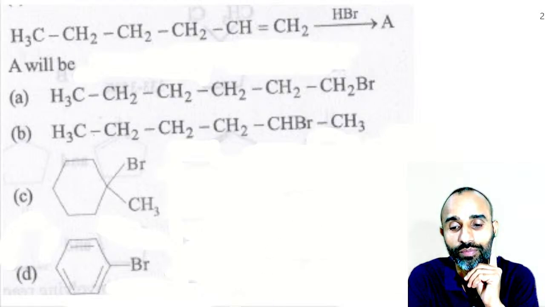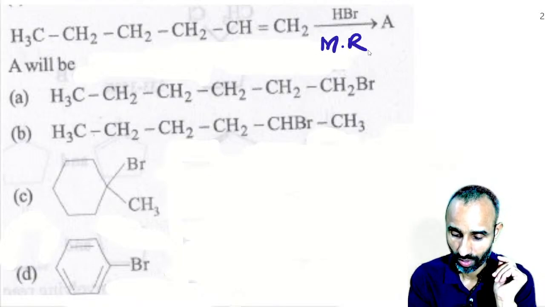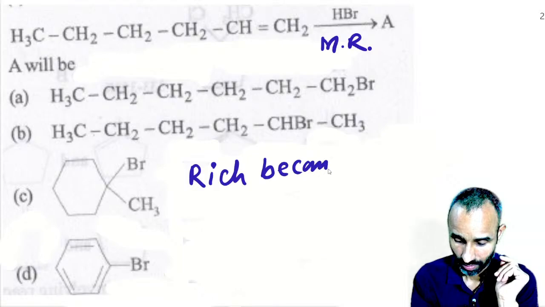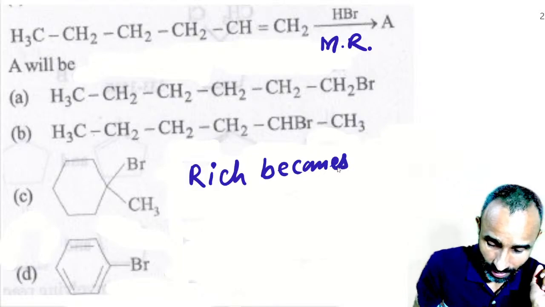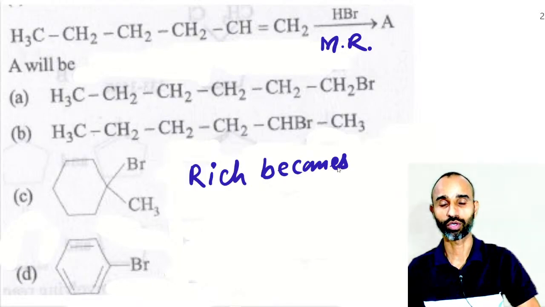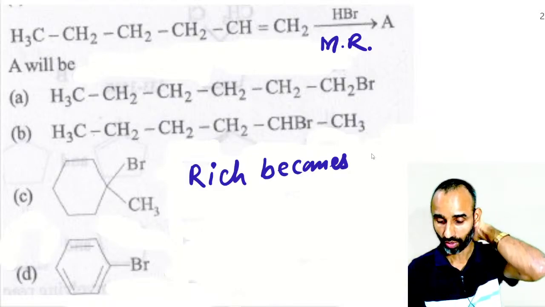This will be option B, sir. Yes, we will use Markovnikov's rule. And what is Markovnikov? Why are C and D given? Actually, C and D are given just to confuse you, is it the formation of a ring structure? So rich becomes richer.